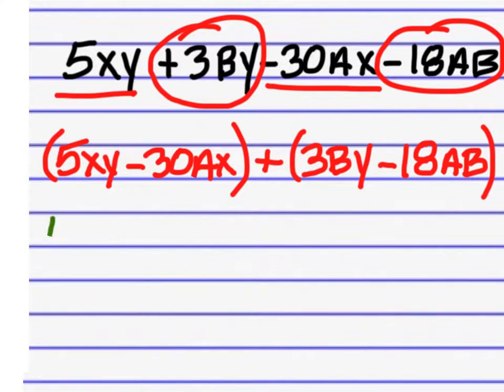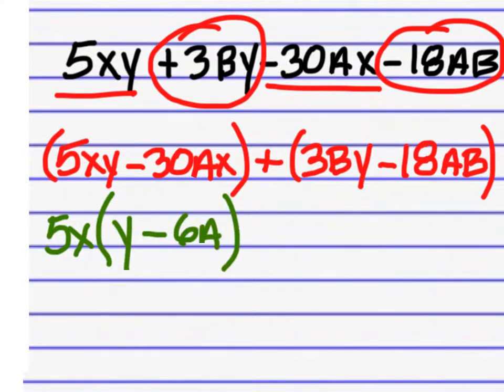I'll take out a 5 and an x from the first set and be left with y minus 6a. Over on the second quantity, looks like I can take out a 3 and a b and be left with y minus 6a.